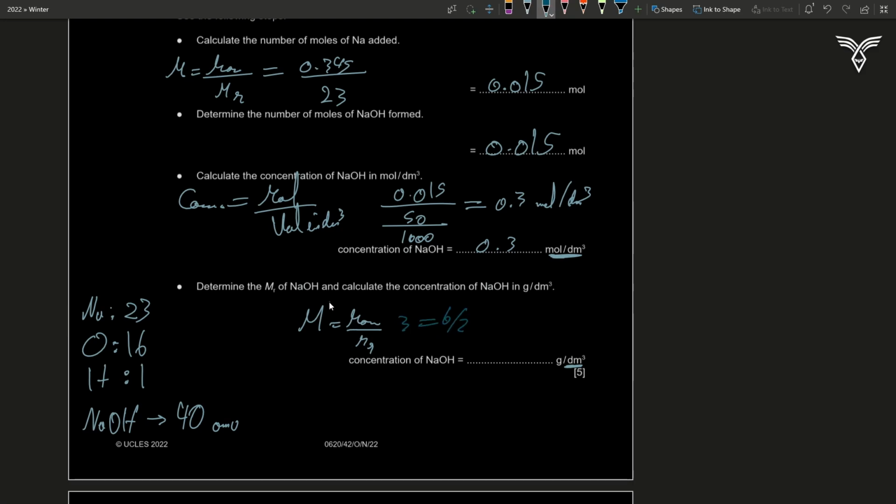We now have the moles, and we have the molar mass, and we want the mass, in the same position as the 6 here. So I cross out the 6. By basic mathematics, 3 into 2 is equal to 6. How do I find the 6? It's 3 into 2. So simply, to find the mass here, it's gonna be moles into molar mass.